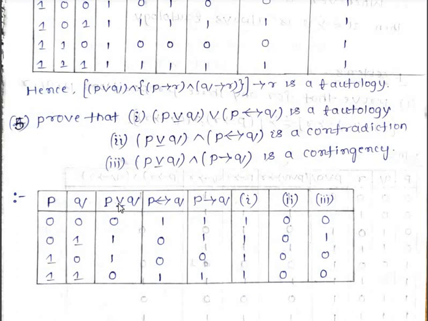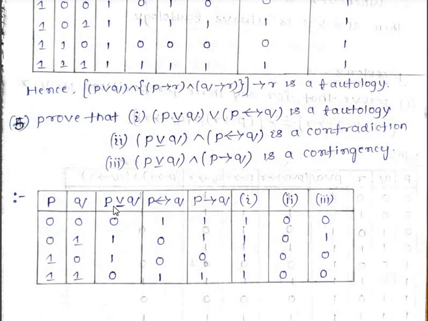We need P, Q, P exclusive disjunction Q, and P biconditional Q. The only other need is P implies Q. Let us take the first problem. You know that 0 0, 0 1, 1 0, 1 1 are the values.